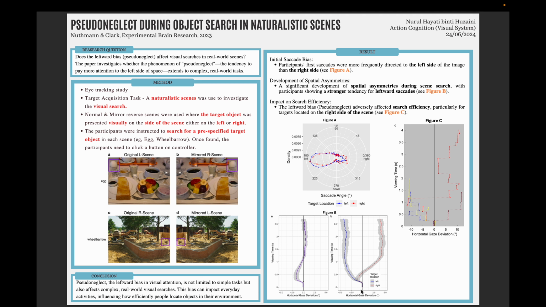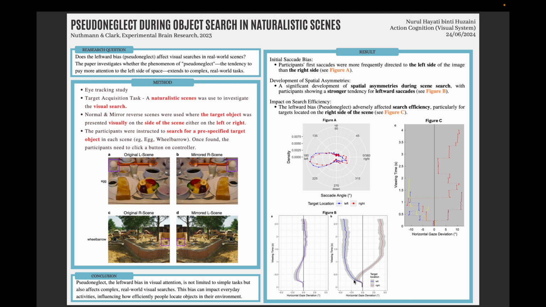And then on the right panel, they highlight the development of this spatial asymmetry during the search task. This demonstrates that pseudoneglect affects not just initial eye movements, but continues to influence the search process, because gaze position on scenes with the left-side target shows a sustained bias toward the left side of the space.